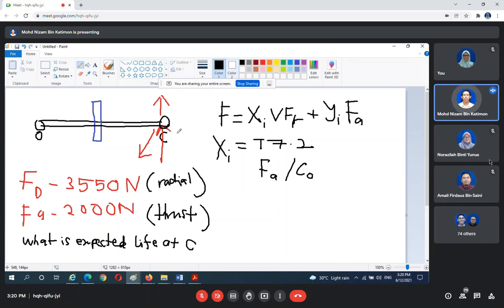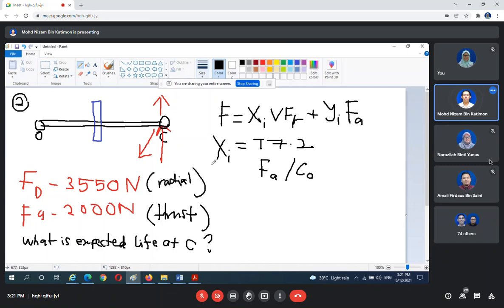C means at this site, with the radial and thrust load. The question is what is the expected life, meaning if we use the bearing, in this case, problem number two.